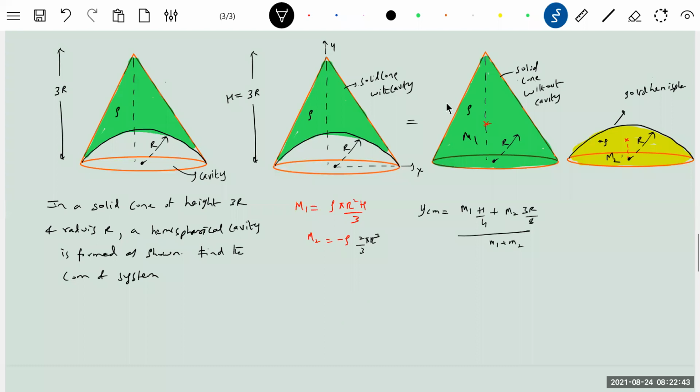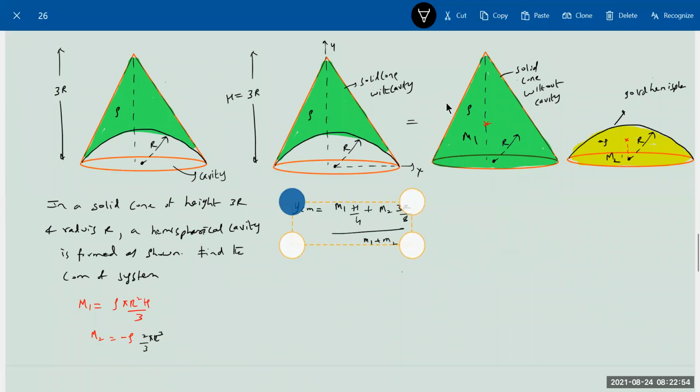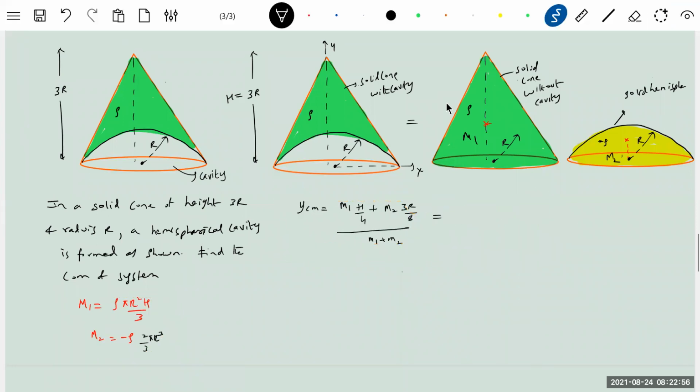Okay, now substitute all the values. What is m1? I'll push these things here. Okay, now we'll go for calculation. m1 is rho pi r square h by 3.